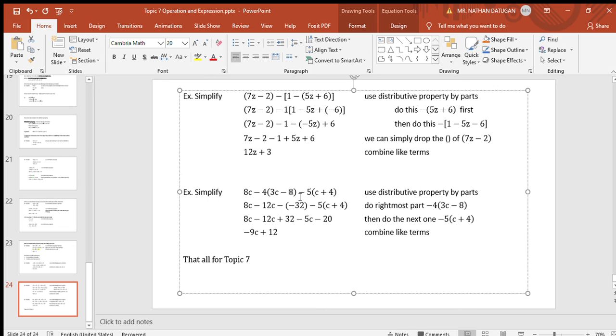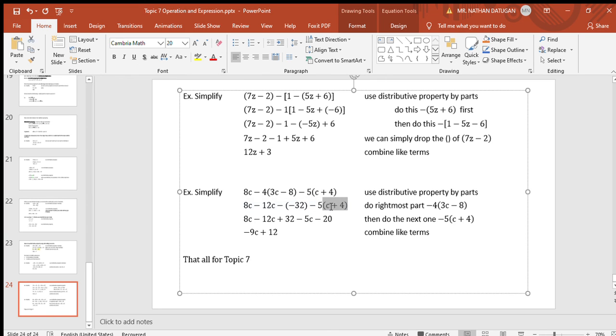Negative 4 times 8 is negative 32. So now let's do some subtraction rule. We can shorten this 12c minus negative 32 into 12c plus 32.